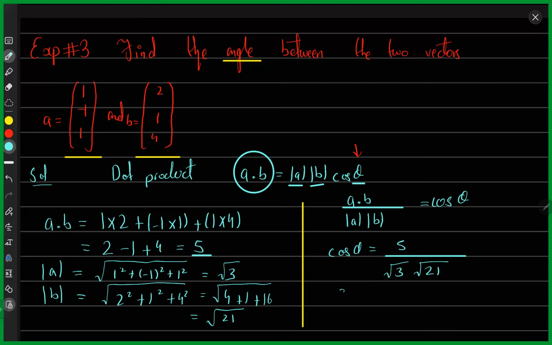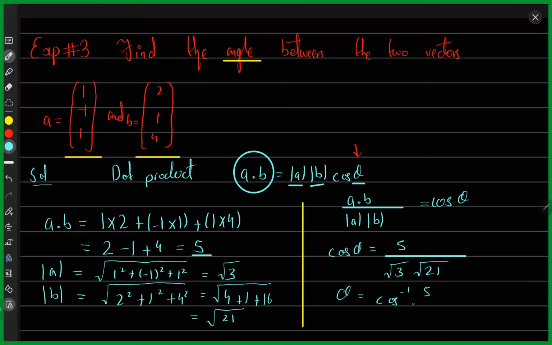And now I can find out theta by taking cos inverse of the two quantities. So you guys can just use your calculators and press cos inverse 5 divided by root 3 multiplied by root 21, and finally we are going to get 50.95.